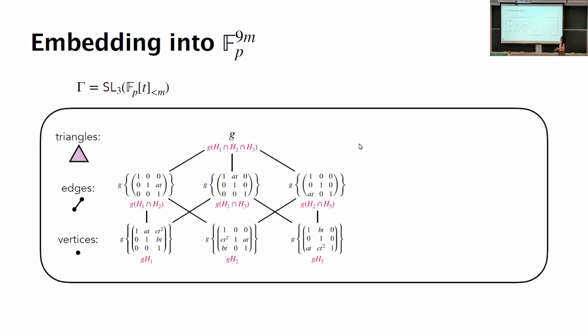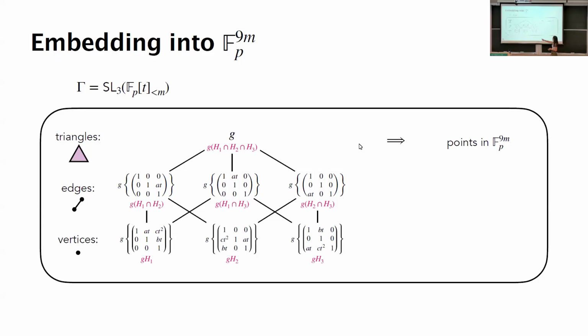So the embedding is as follows. If you look at a triangle, it's just a 3x3 matrix with polynomials inside each of the entries. Each polynomial has degree less than m. You can write all the coefficients of all your polynomials. There are 9m of them, and that gives you a point in F_p to the 9m.